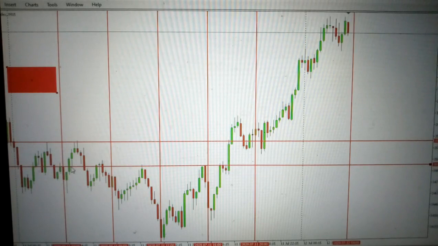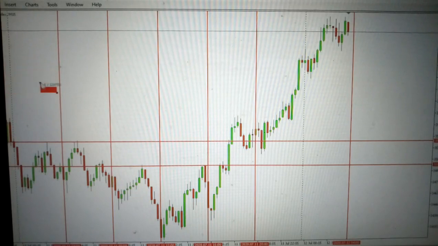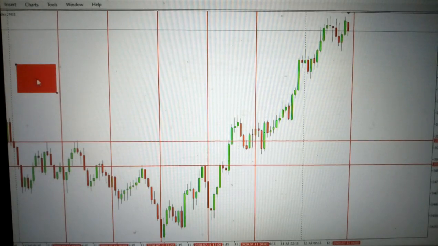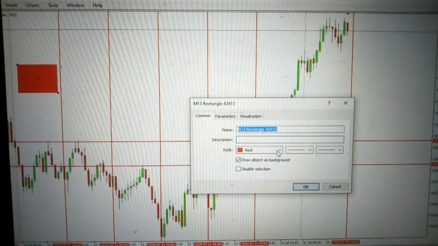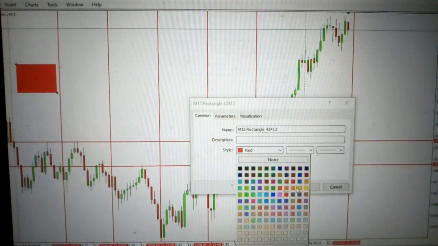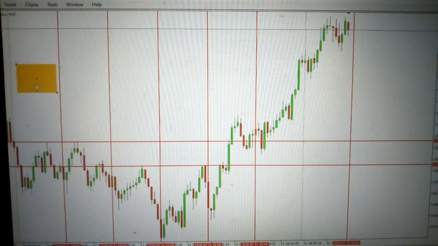That's that. Now the next thing I will do, let me retain the rectangle so that we can understand what I want to explain.